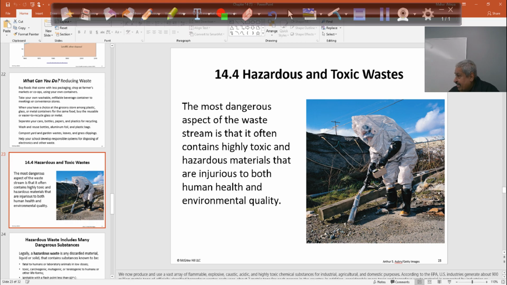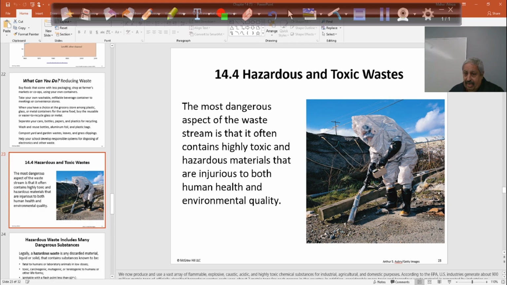But if you have an earthquake in that area, that's the worst scenario, because the nuclear waste can seep into the soil and through the soil to the water table.